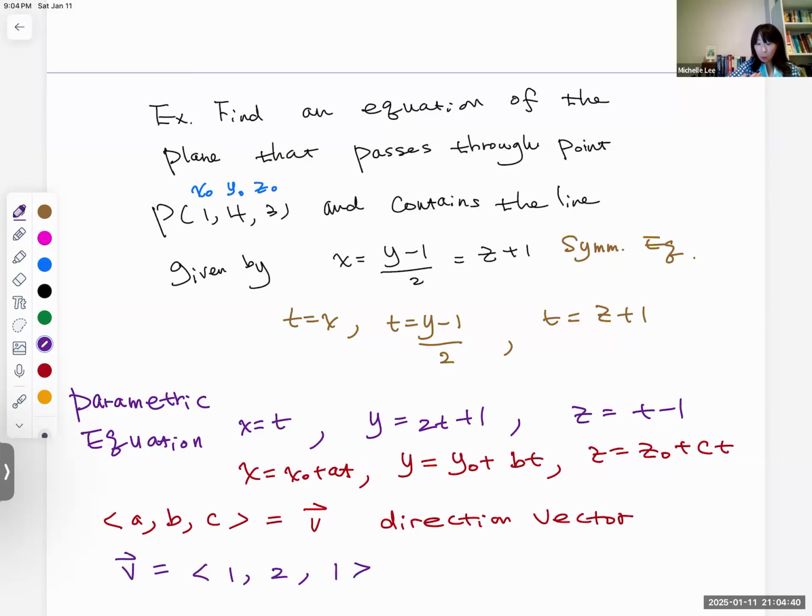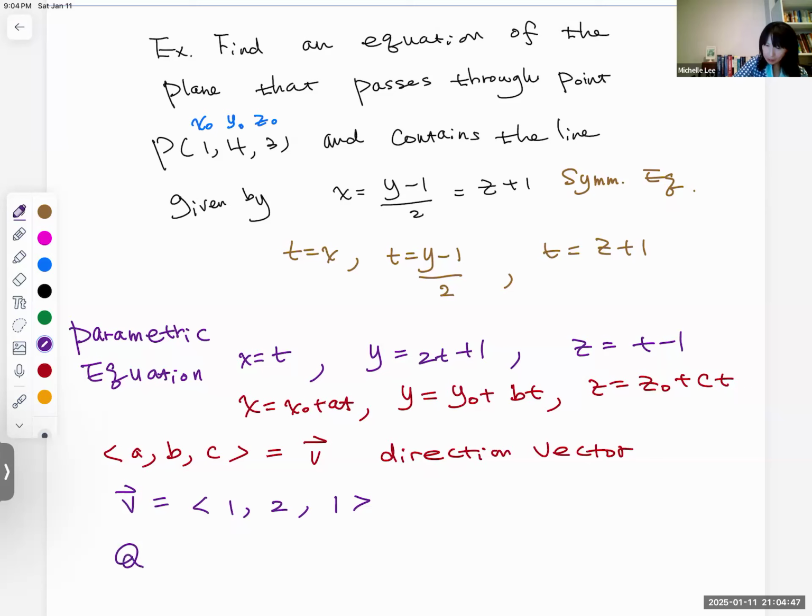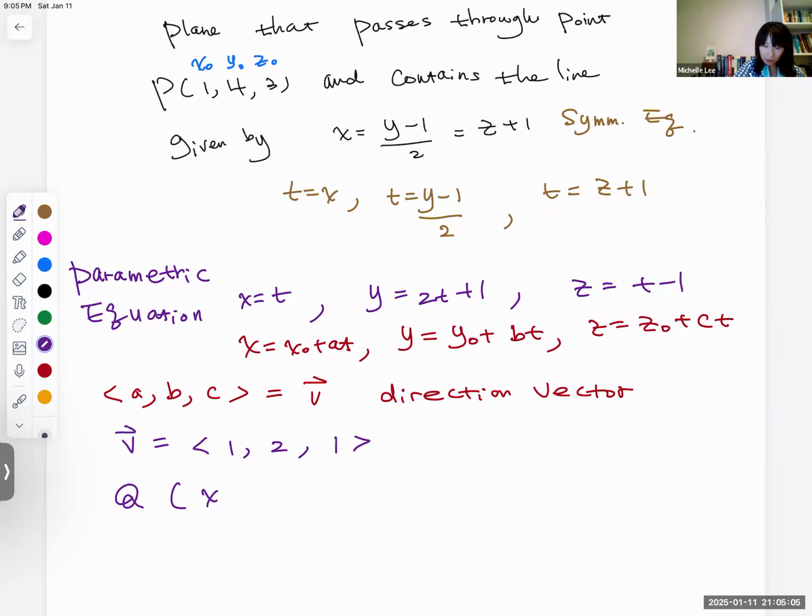Okay, how about the point? x naught, y naught, z naught, right? So point Q will be, oh, don't get confused with the earlier x naught, y naught, z naught, right? So I just label. If we get confused, we can say x sub 1, y sub 1, z sub 1.